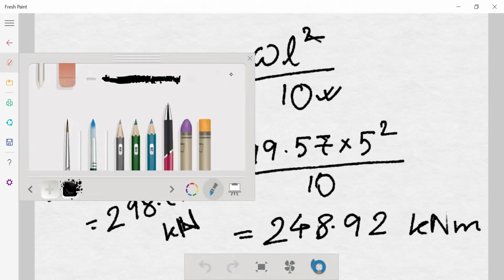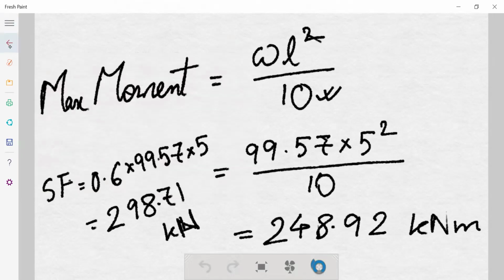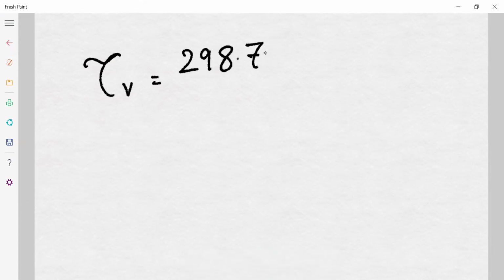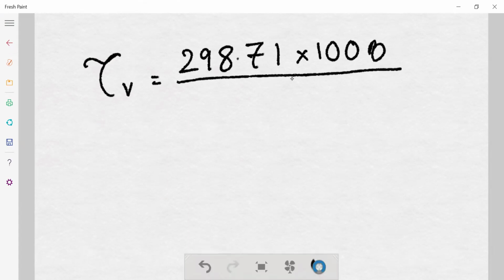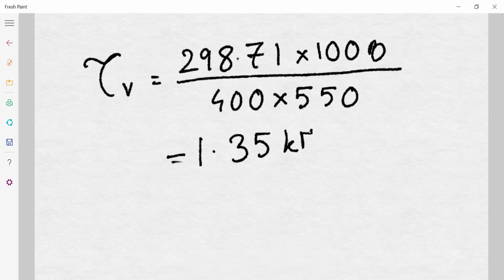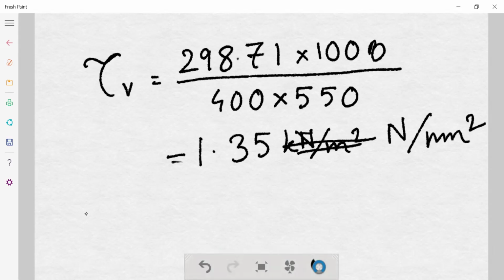The shear force value was 298.71 kilonewton, so it becomes 298.71 into 1000 Newton by BD, which is 400 by 550. The value is 1.35 Newton per mm square.